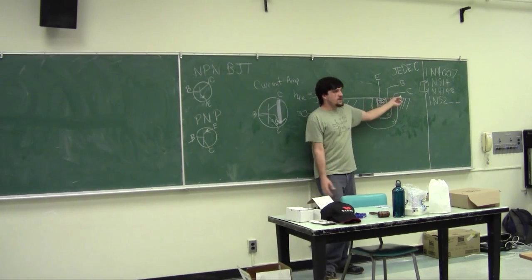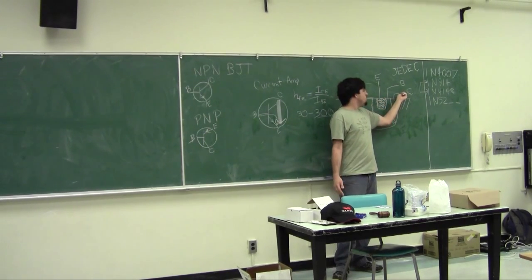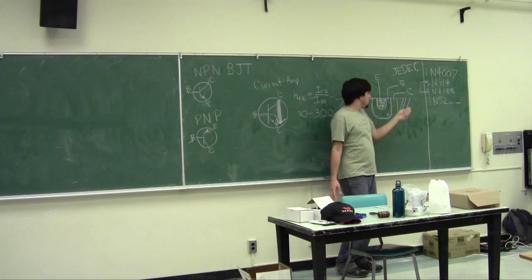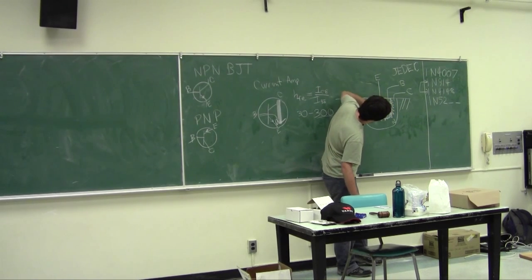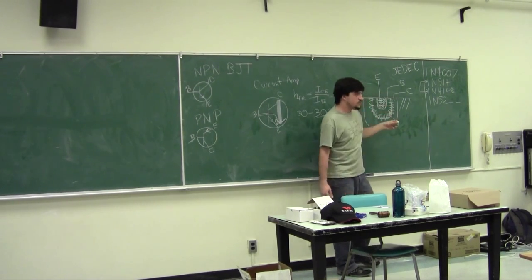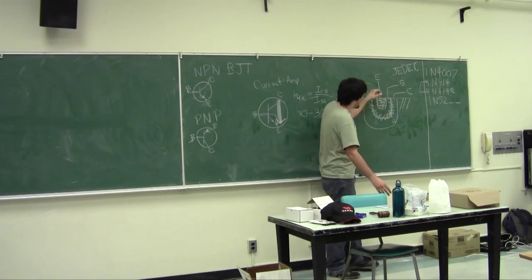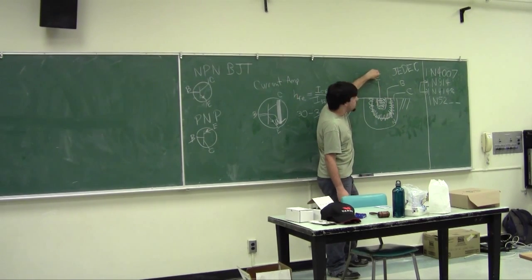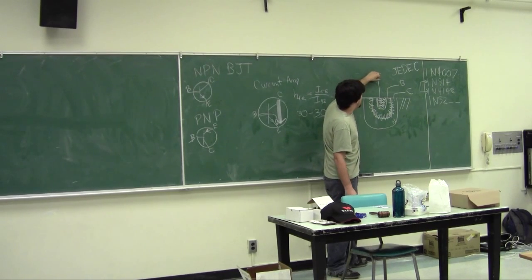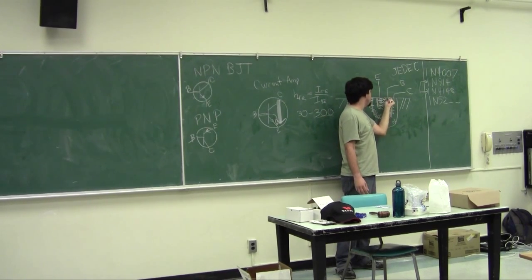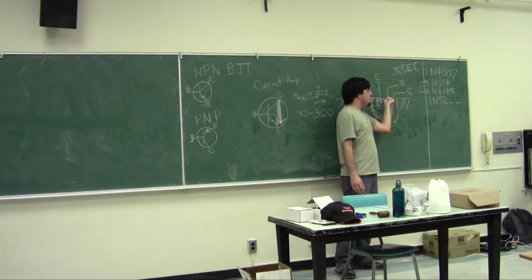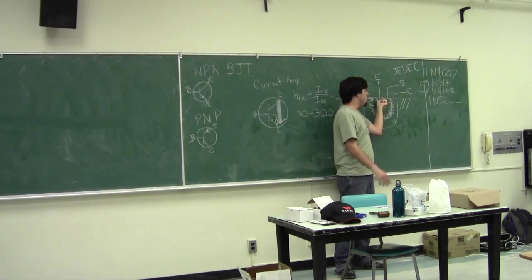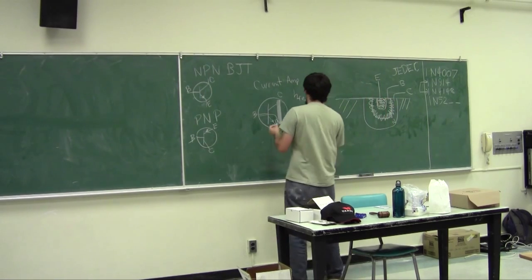Now, in the NPN transistor, you're going to apply a very positive voltage to your collector. This means that this depletion region right here is going to grow fairly wide and is going to not conduct. On the base, you then apply a positive voltage relative to the emitter.